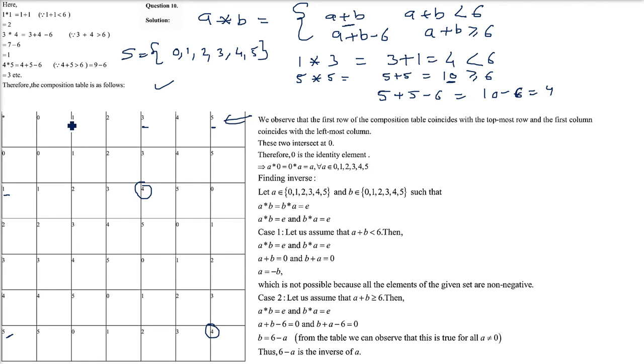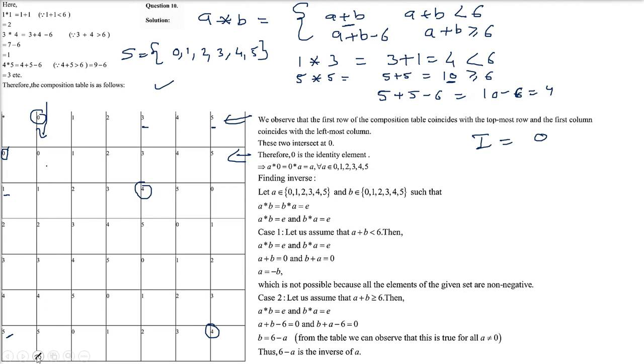If you see the first row and second row, they both are equal. If you see the first column and second column, they are also equal. That means when the values are operated with 0, there is no change. That is why we can easily say that 0 is our identity element. So e is equal to 0, because we know when a value is operated with this 0, it will come back.